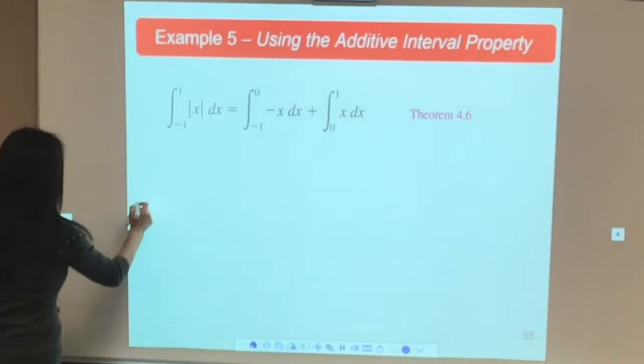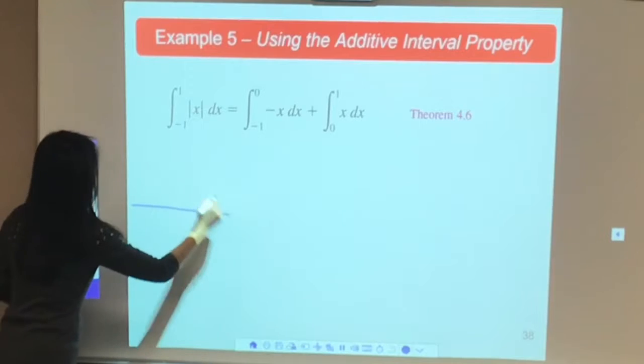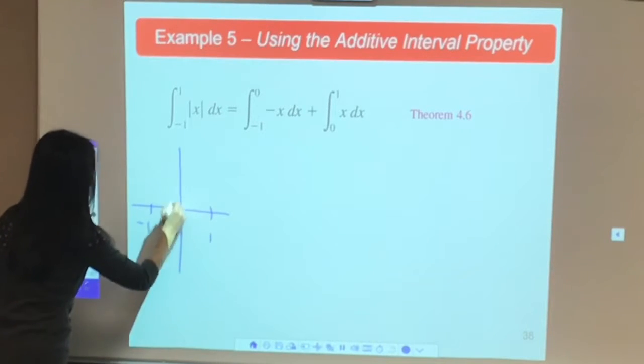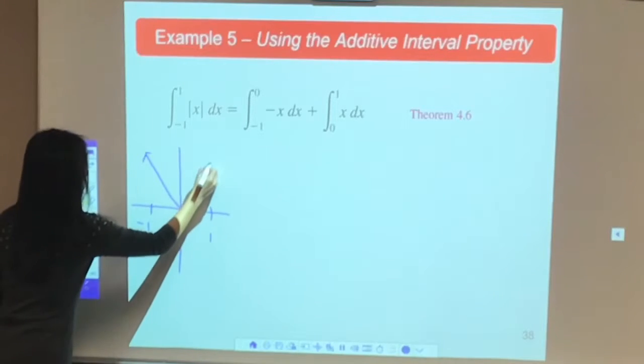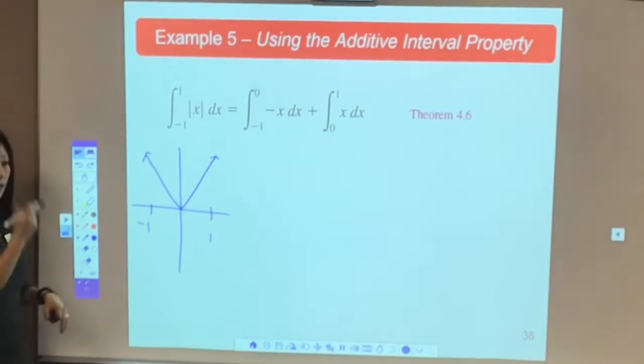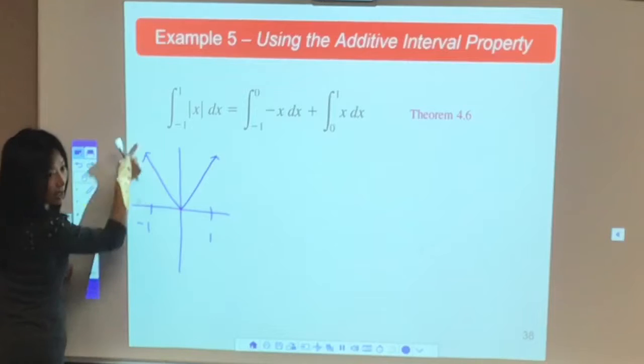When you graph this, that's what my graph looks like. Are you with me? That's an absolute value graph just like that. So looking at this, my slope is negative.